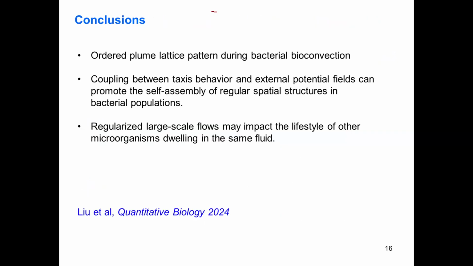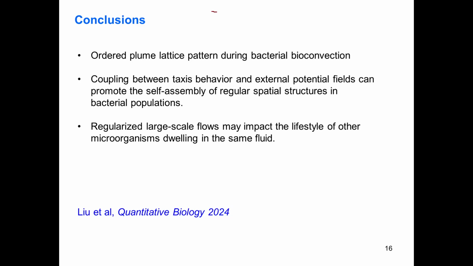All right, so here I would like to wrap up this part of the story. We found that by coupling chemotaxis and an external potential field, motile bacteria can build self-assembled structures of regularly spaced active plumes.